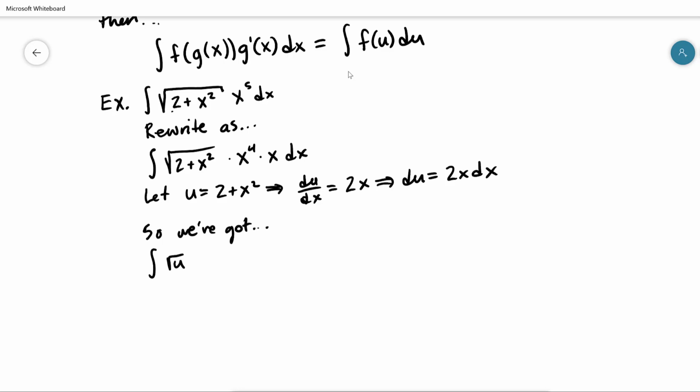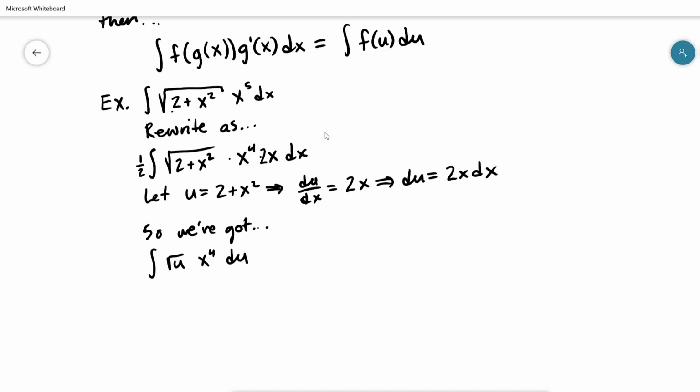And then we've got a factor of 2, so let me just go back and put it in right here. There's a factor of 2. I'll make up for it with a factor of 1/2 out front. So I've got this piece right here is my du, but I've also got this x to the 4th still sitting here, x to the 4th du. And this is a problem. I can't actually do this right now because it's got a mixture of u's and x's.